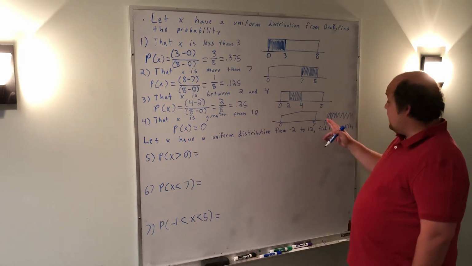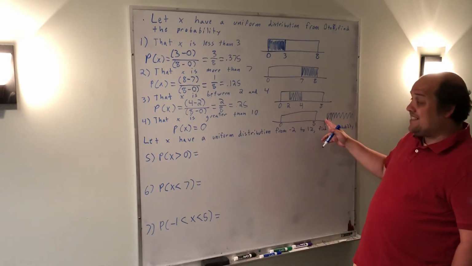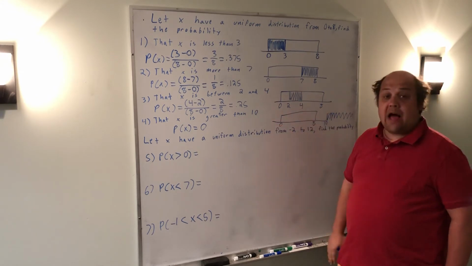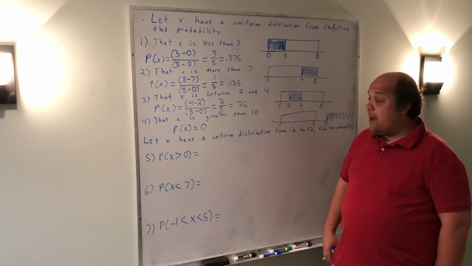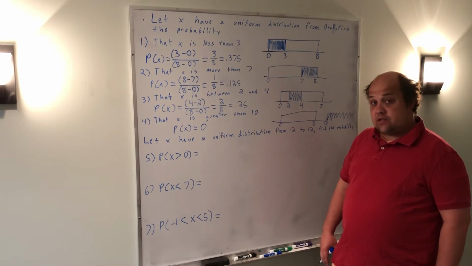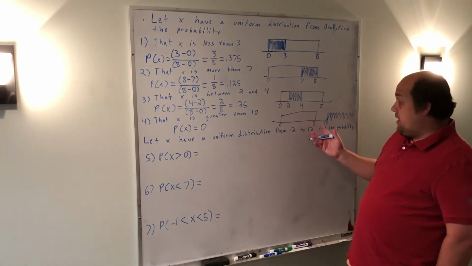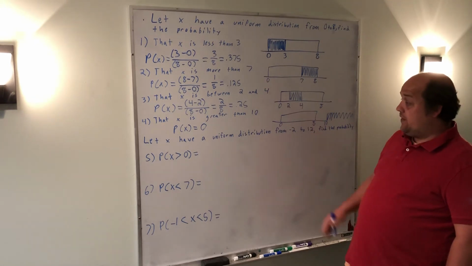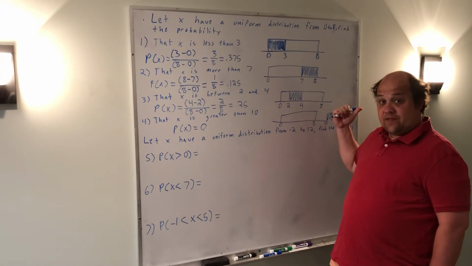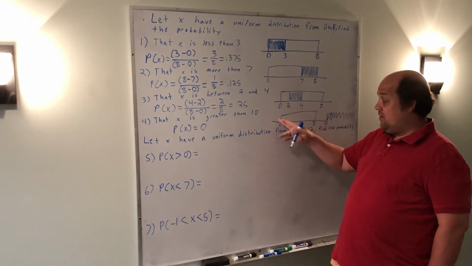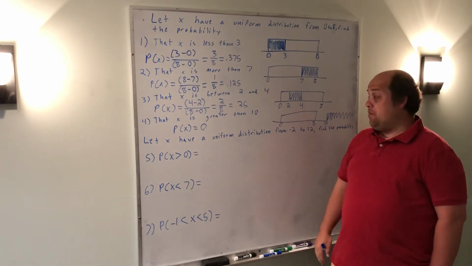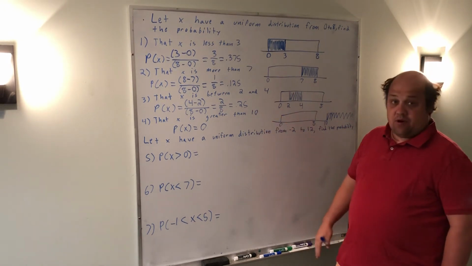If instead I said, what's the probability x is less than 10? Well, in that case, I would have shaded the entire box. When you shade the entire box, it occurs with probability 1, or there's a 100% chance that it occurs. So the 2 ways that you could be asked trick questions, if they say something greater than the highest number, that's off the screen, or 0 probability. If they say something less than the lowest number, again, impossible, probability 0.